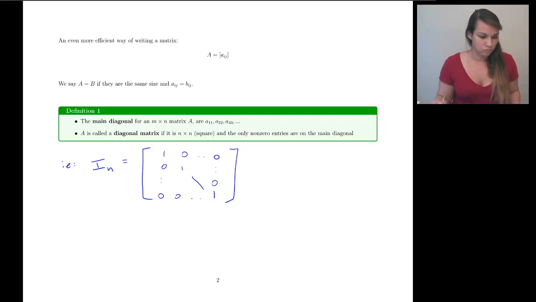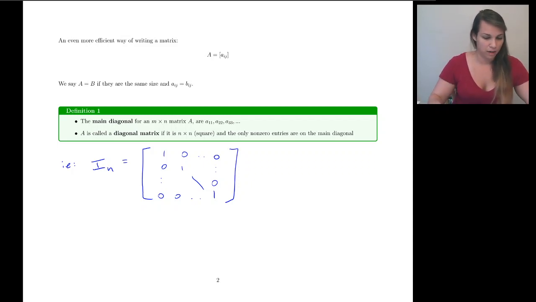Other things to think about, like you could also say that reduced echelon form, you know how you have to get your diagonal and then everything above the diagonal is also going to be 0. That would be another diagonal matrix. And so our goal when we're solving these matrices or matrix equations is to get them into a diagonal form.